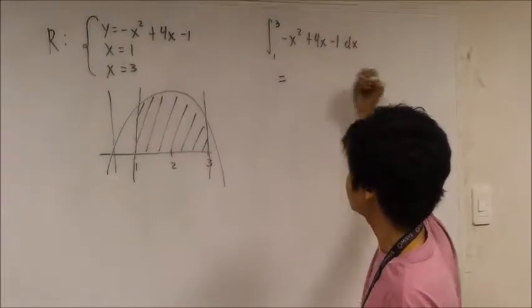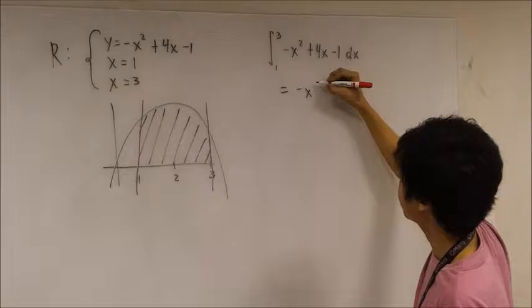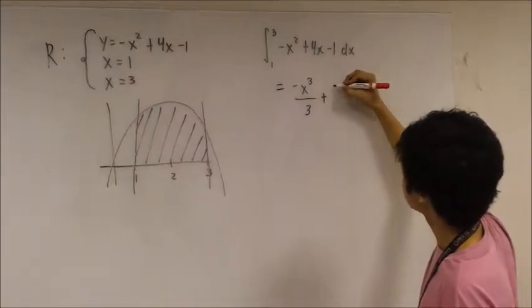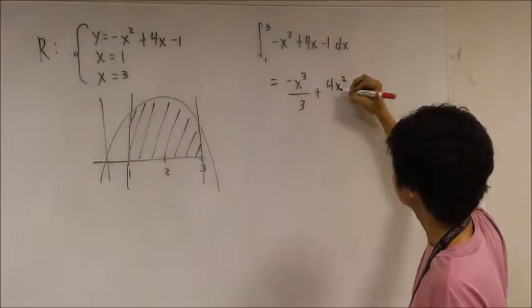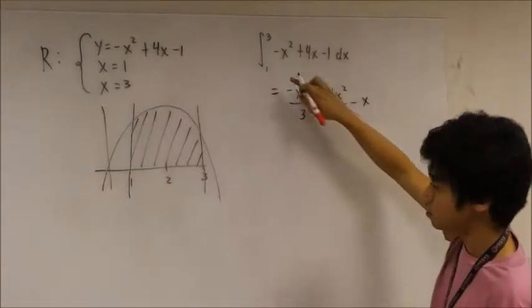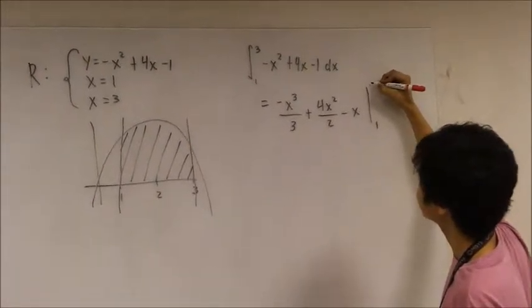If we perform the integral, we can write it as negative x cubed over 3 plus 4x squared over 2 minus x. Since it's a definite integral, we will evaluate it from 1 to 3.